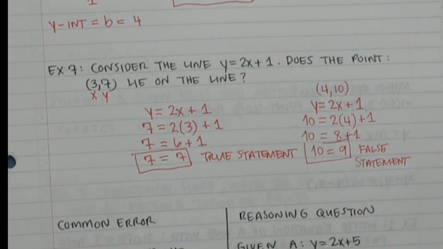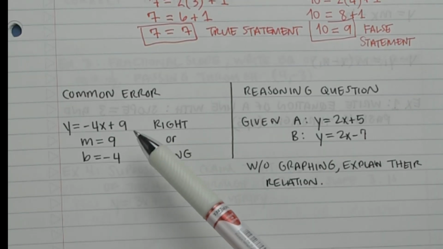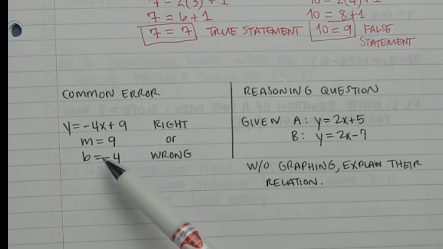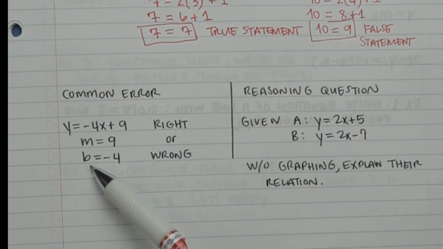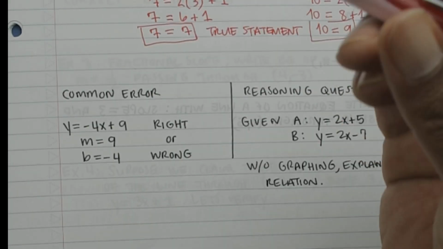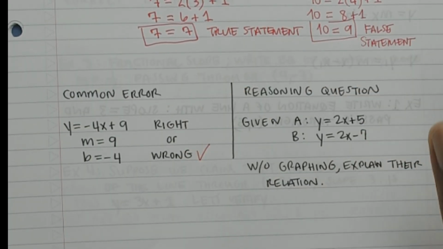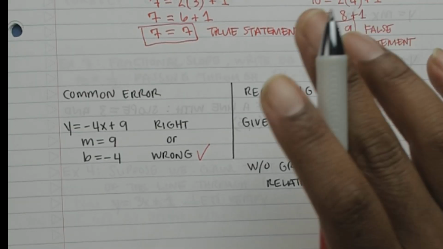A common error in students' reasoning: a student sees y equals negative 4x plus 9 and says, okay, the slope is 9, the intercept is negative 4. Now, is the student right or wrong? The student is wrong. Why? Because the student reversed the slope and the y-intercept. Remember the order.